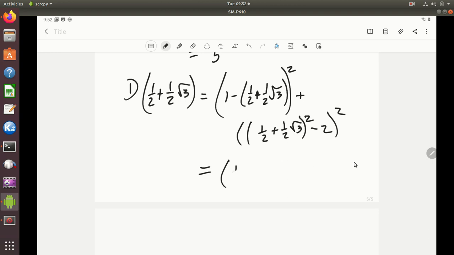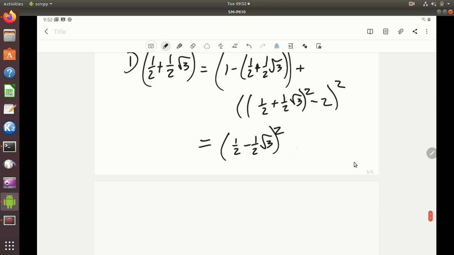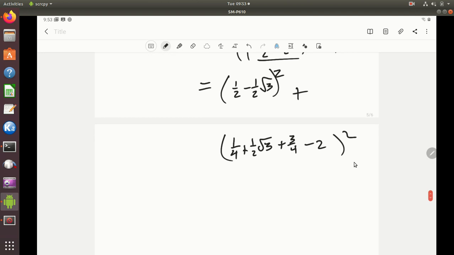But so here I'll get 1/2 minus 1/2 square root of 3 squared. And in here, oh, I've got to square that whole thing out first. Okay, so I get the 1/4 plus 1/2 square root of 3 plus 3/4, and then that's minus 2 all squared.